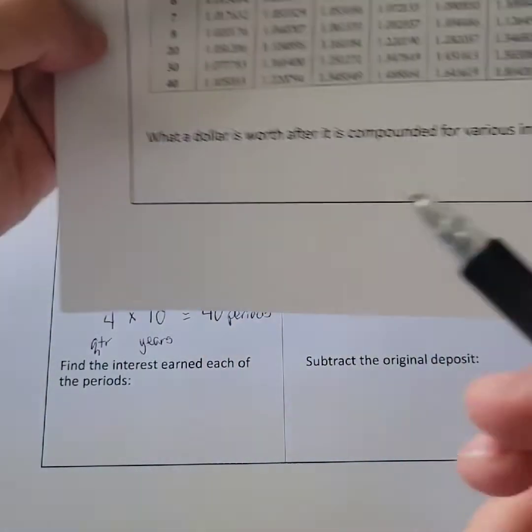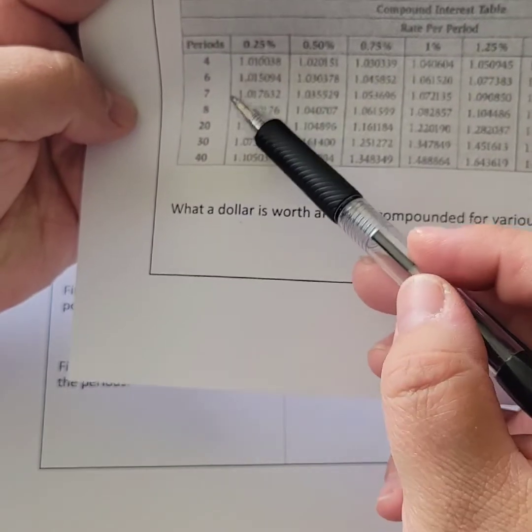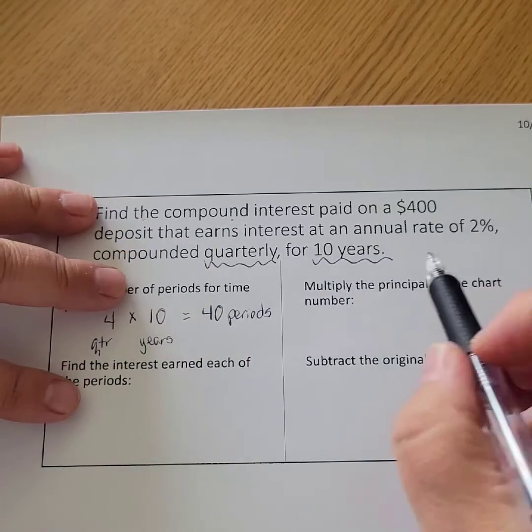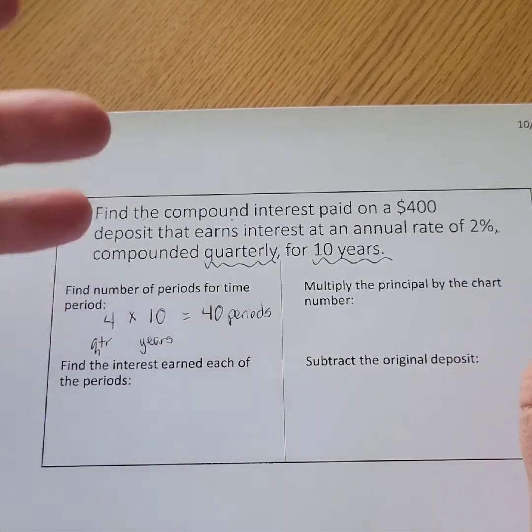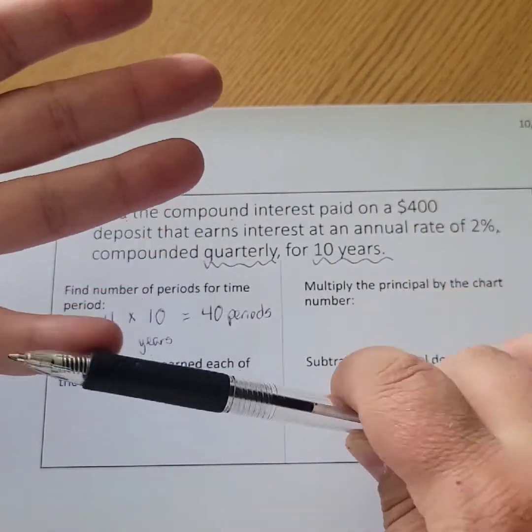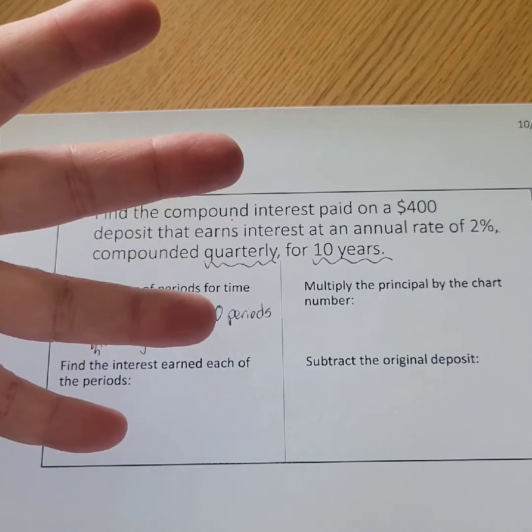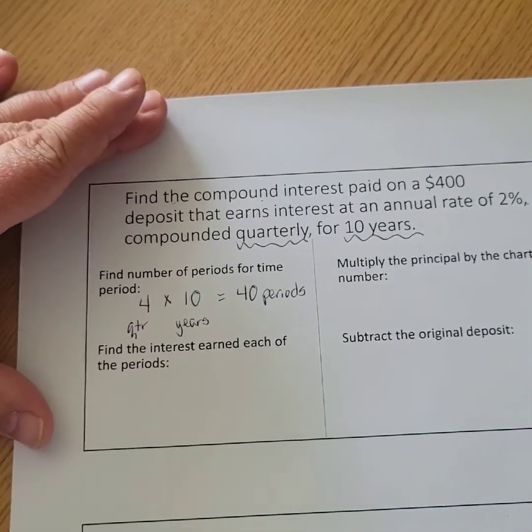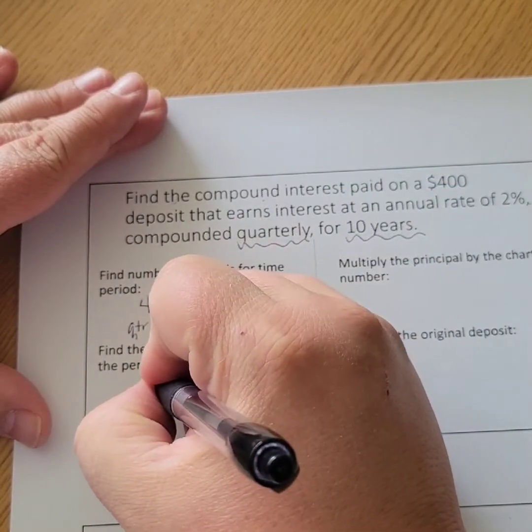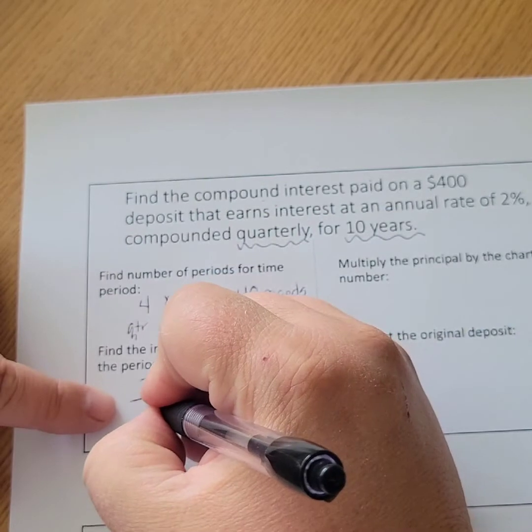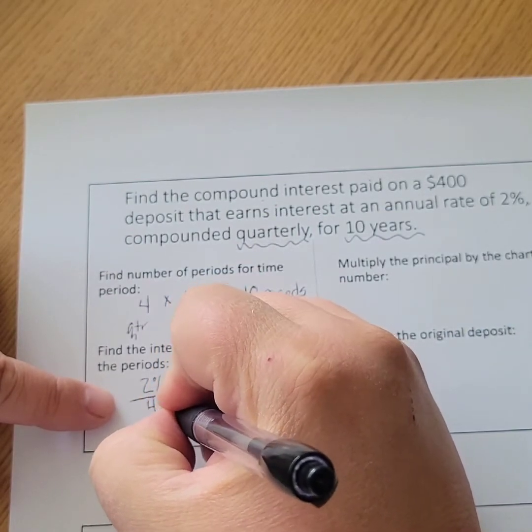And that's what you would be looking at over here on this chart. Okay? So then we need to find the interest earned on each of those periods, because it's 2% annual, but it's done 4 times. So they're not going to give you 2%, 2%, 2%, 2%. That's 8, okay, for a year. So you actually have to take the 2%, and you don't need to change it into a decimal, and you are going to divide it by 4 quarters.